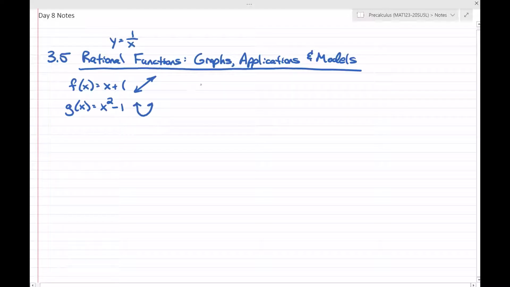But for a rational function, we would actually be graphing a combination of the two. Excuse me. So we're going to have x plus 1 over x squared minus 1. And this graph's going to look not like a line and not like a parabola. This graph would actually look like this.